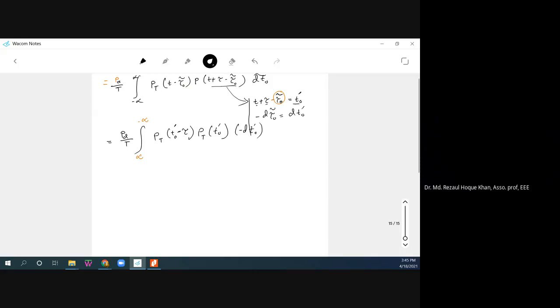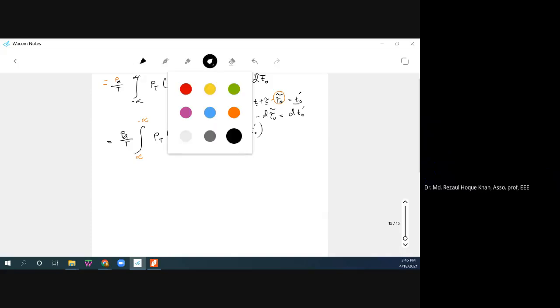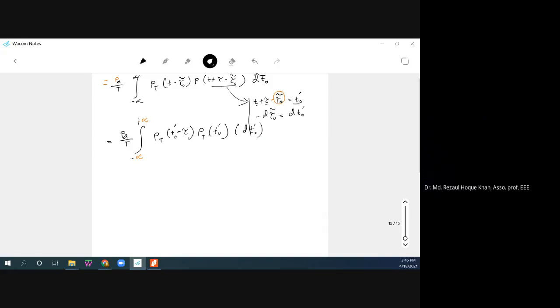This sign, if we bring it here, by changing the sign we can change the limits from minus to plus, because it's a negative sign.